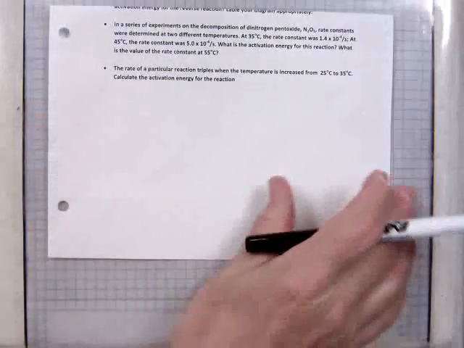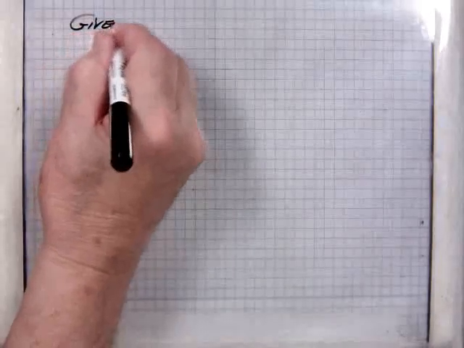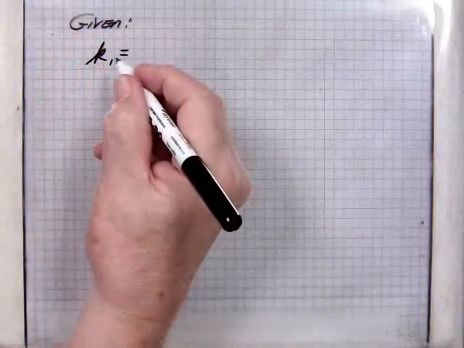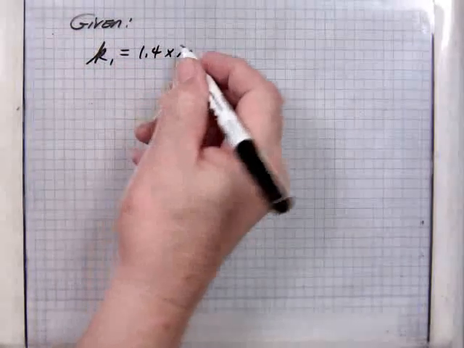Here, they say, in a series of experiments on decomposition of dinitrogen monoxide, rate constants were determined at two different temperatures. Okay, so you're given K1 equal to 1.4 times 10 to the minus 4.